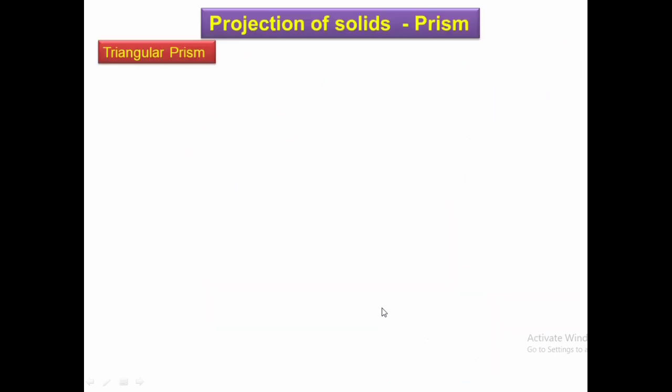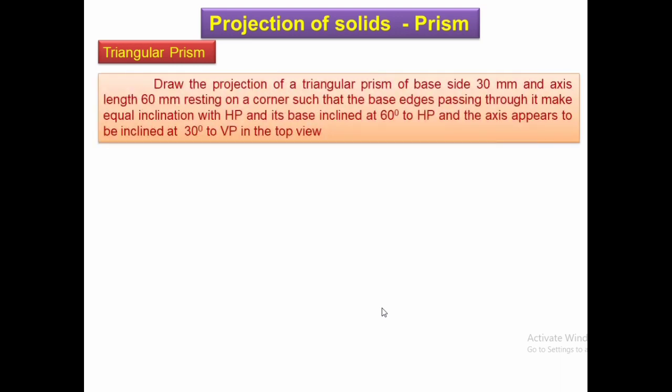Now let us take one more problem and understand it. In the previous problem, the base edge was resting on HP. Now in this problem, the corner is resting. Have a look at the problem.